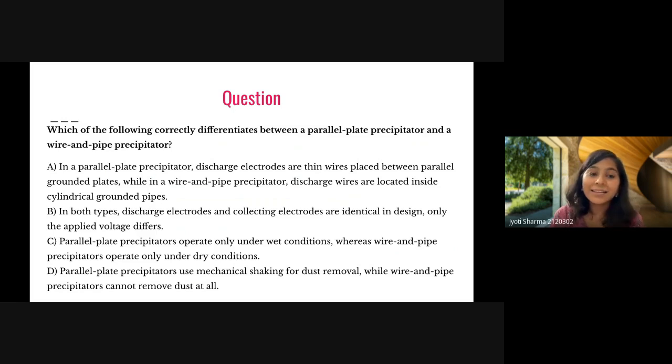Little bit lengthy MCQ, but I think that will be easier for you to solve. So we do have two types of precipitator, ESP. One is the parallel plate precipitator and another is the wire and pipe precipitator. And you have to tell me the difference between these two types of precipitator.